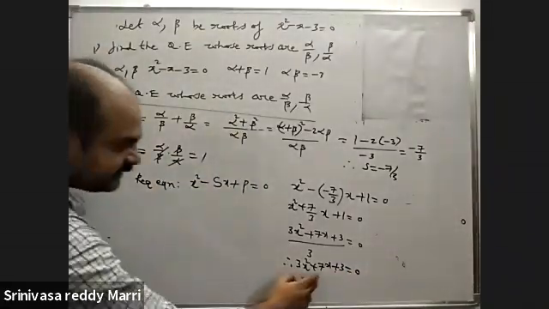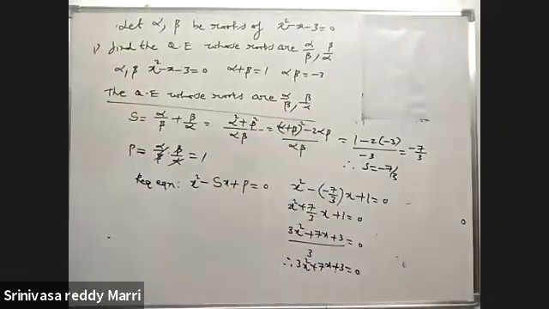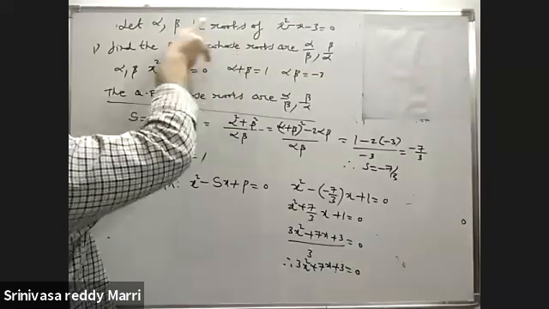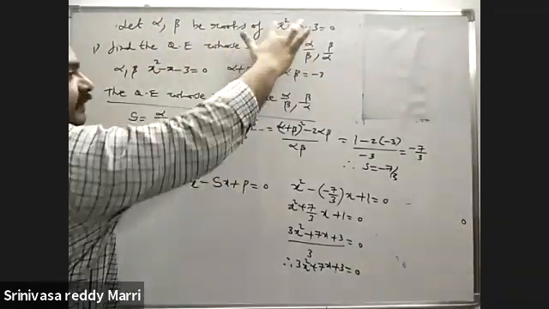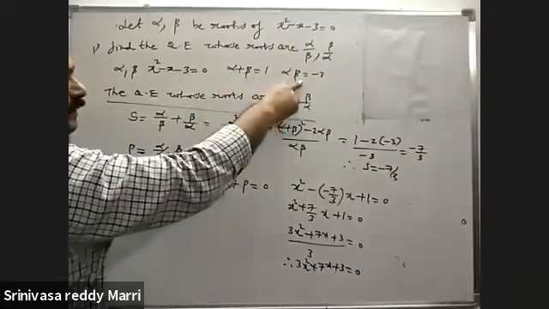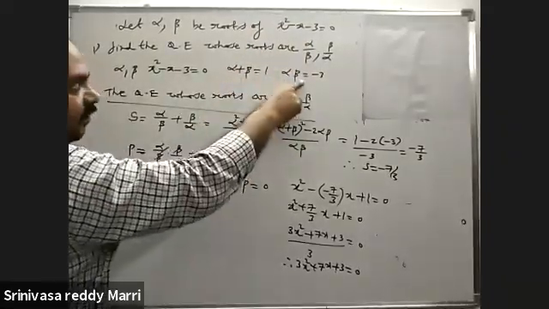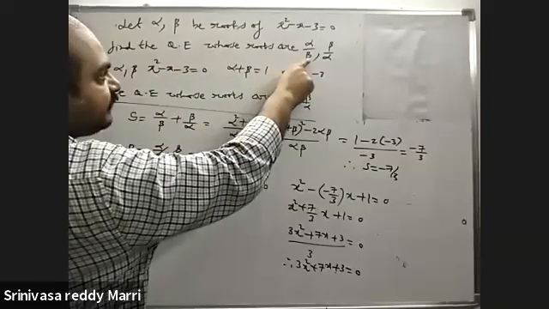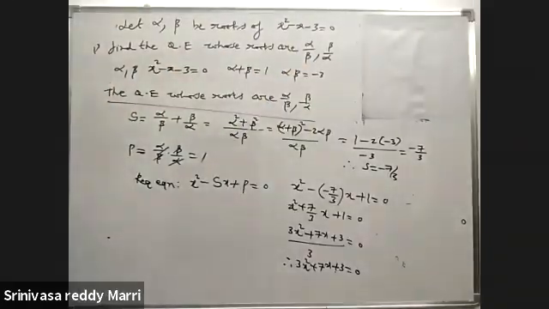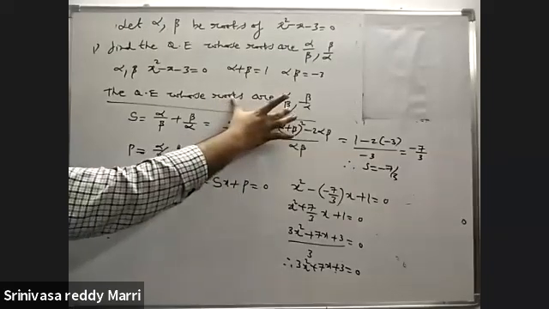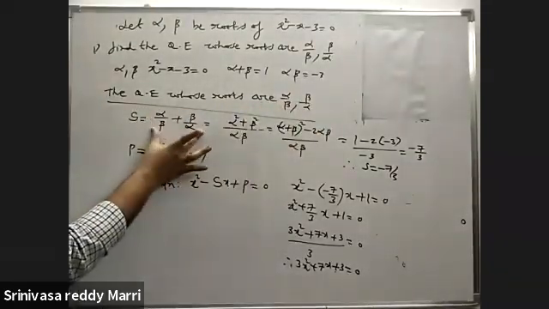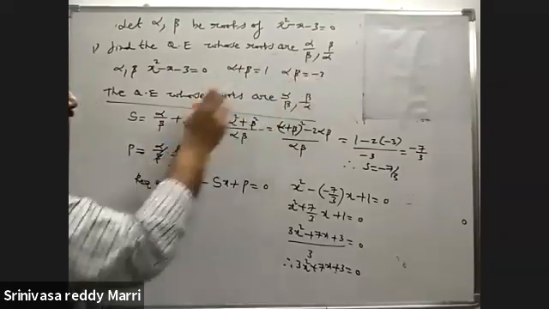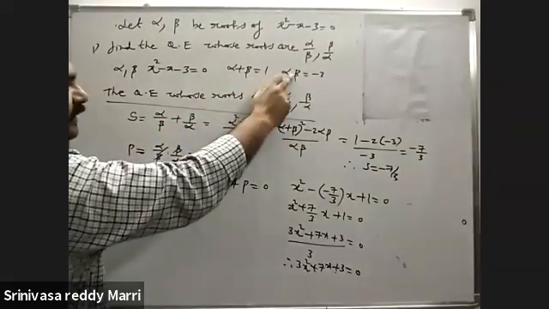That means for this equation, roots will be alpha by beta, comma, beta by alpha. Look, I will explain once again. Alpha, beta are the roots of this given equation. This is given for writing the relations. These relations, you know. You have to find the quadratic equation whose roots are alpha by beta and beta by alpha. So whenever the roots are given, you find the sum. This value you have to calculate by using these relations.